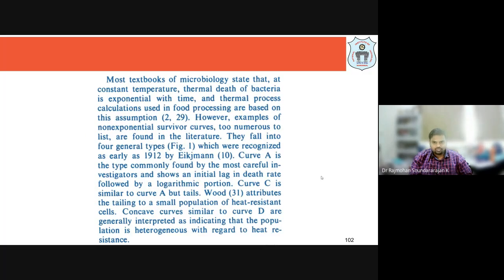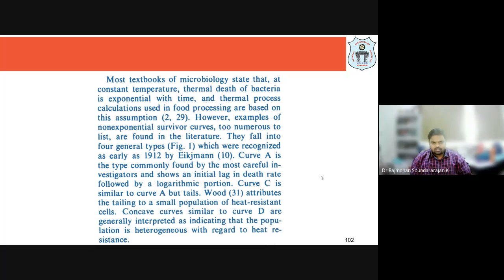Microbiology textbooks tell us that even at a constant temperature, the thermal death rate of bacteria is exponential with time. So if the temperature is constant, there will be exponential death of microorganisms with respect to time.